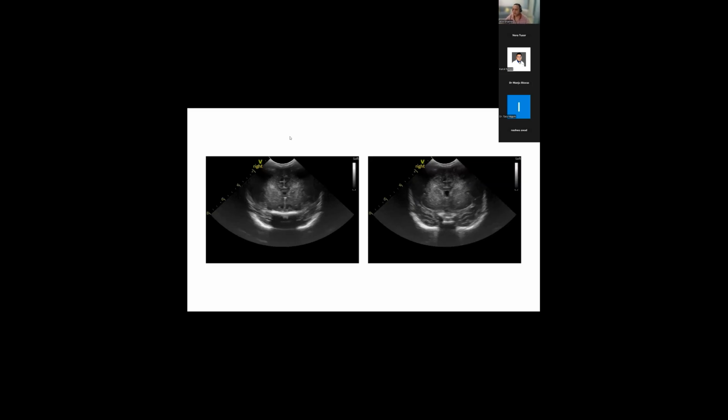Anybody, any comments over here? Anybody? You can unmute yourself. Yeah, here we can see that there is cavum septum pellucidum.